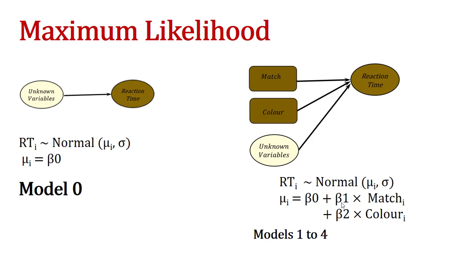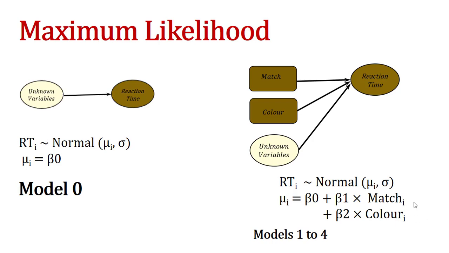So what's the extra reaction time we expect when we compare the black and white, no match with match? Beta 2 is what I've been saying by mistake: how much more we expect when we go from black and white to color.